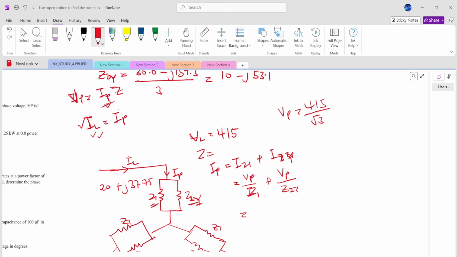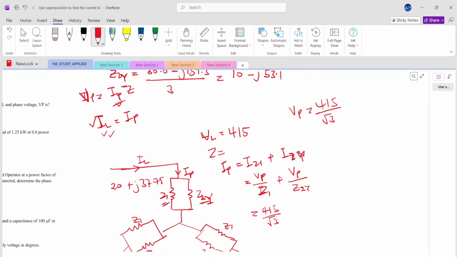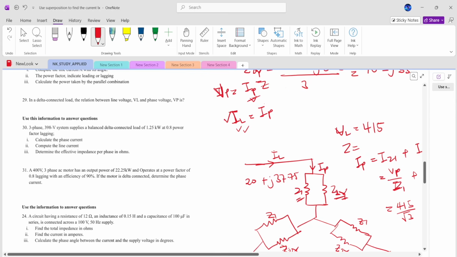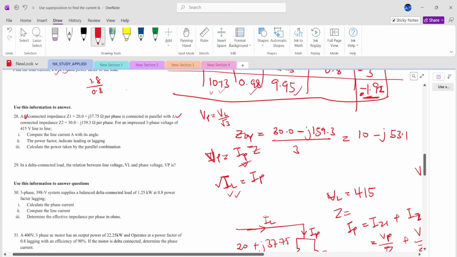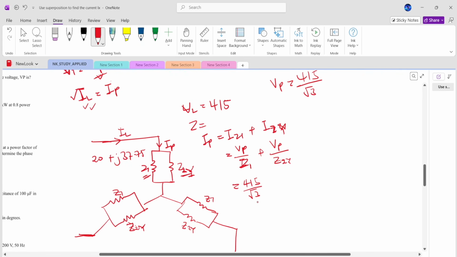So we plug it in. It's going to be 415 over root 3 divided by Z1.